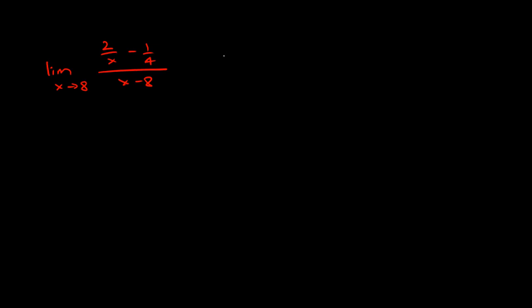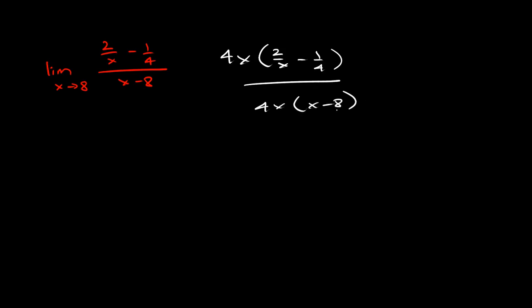We just get 4x times 2 over x minus 1/4 over 4x times x minus 8. Let's simplify this. 4x times 2 over x, we'll use distributive property here.